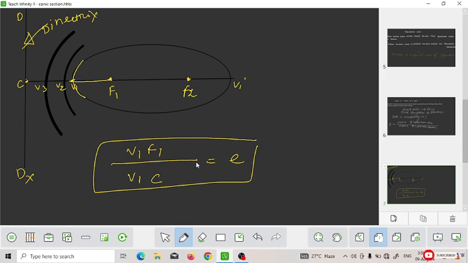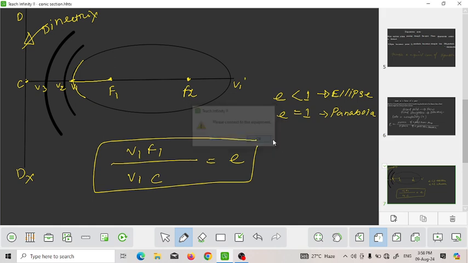So in the case of an ellipse, the eccentricity is less than 1. Eccentricity is equal to 1 for a parabola, and eccentricity is greater than 1 for a hyperbola.